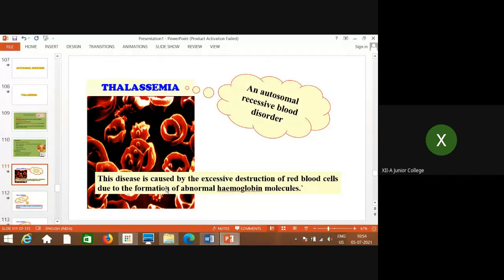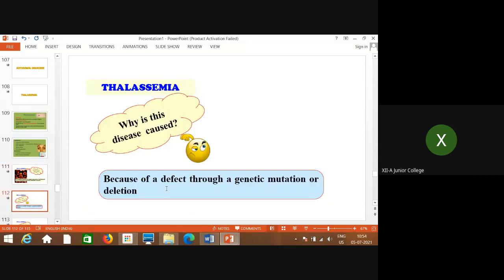Blood cells carry hemoglobin, which has an affinity with oxygen, so it carries oxygen, which is very important. If abnormal hemoglobin molecules are formed, then oxygen carrying capacity is reduced.